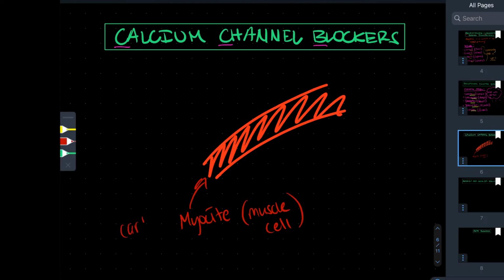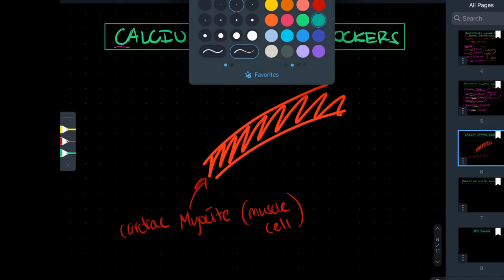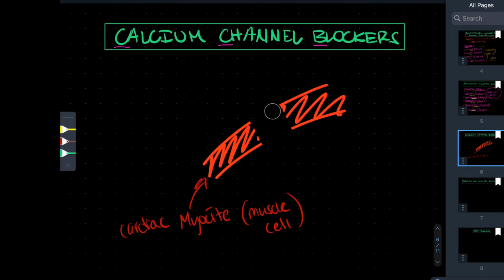And we can use more specifically a cardiac, so a heart muscle cell. So basically, when the heart contracts, it needs a bunch of different ions to perform the contraction to pump the heart. But one really important one for the actual contraction is calcium, which you'll often see shown as Ca2+.